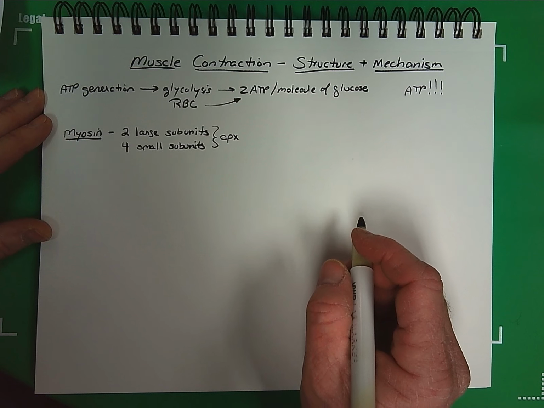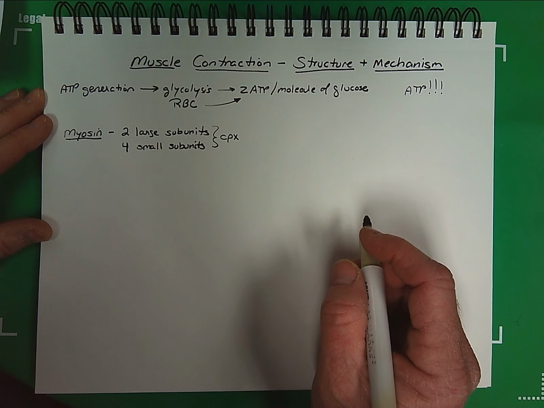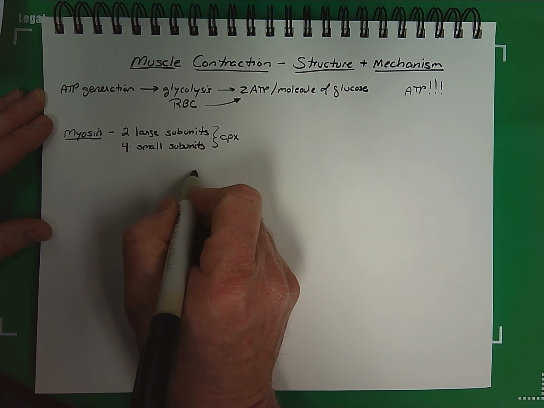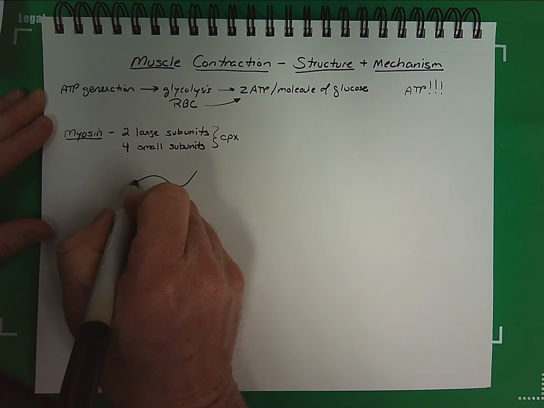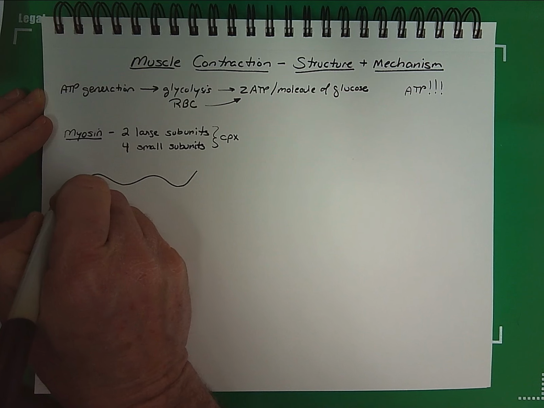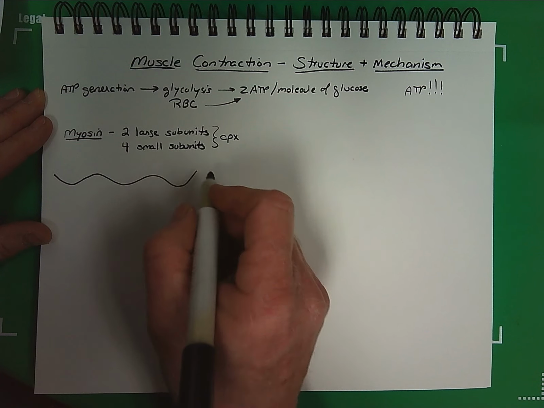Now, the structure of myosin is essential for the function of myosin. So let's take a look at the structure. I'm going to draw myosin, for example. The first large subunit is a snake.